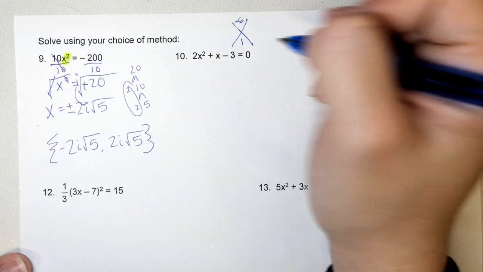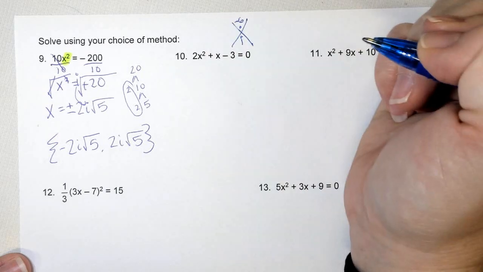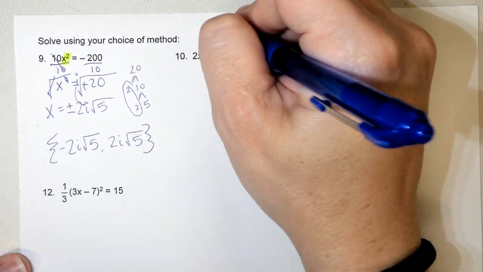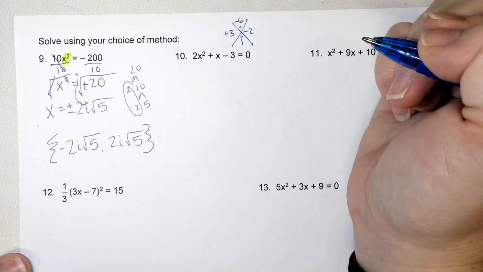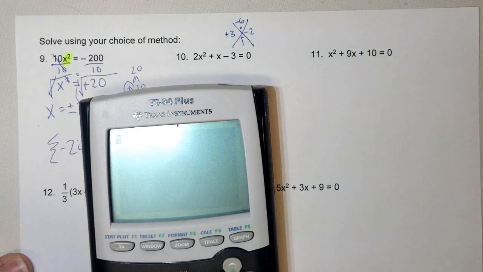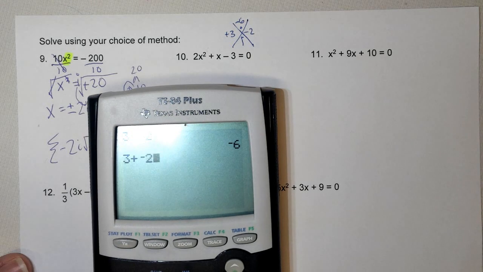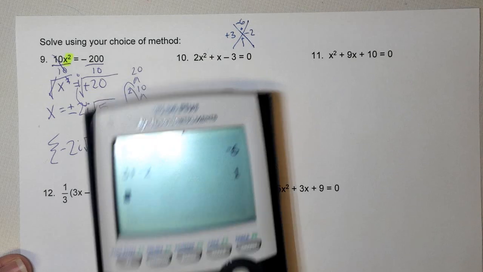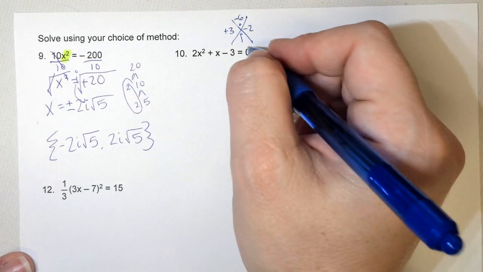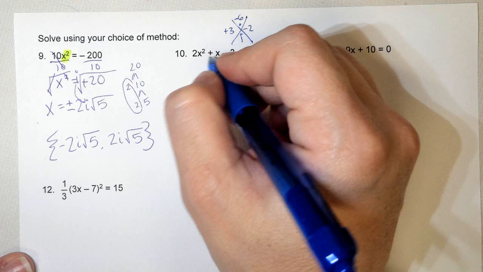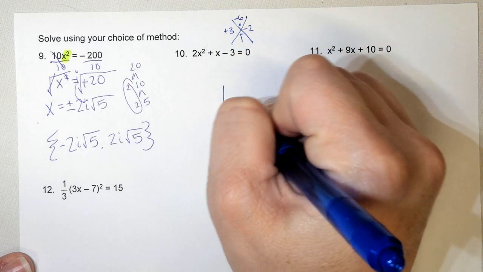What multiplies to give you negative 6 and adds to give you 1? Positive 3 and negative 2, right? Yeah, so this one is factorable. So we can factor this one. So we know that we could do the box.